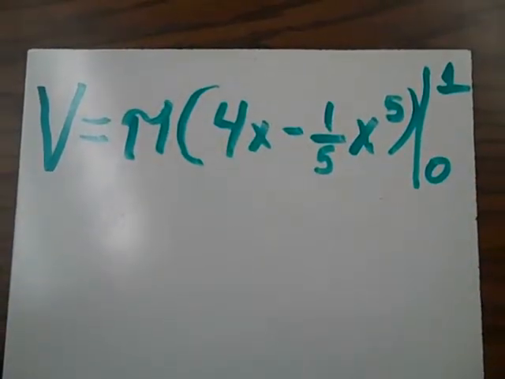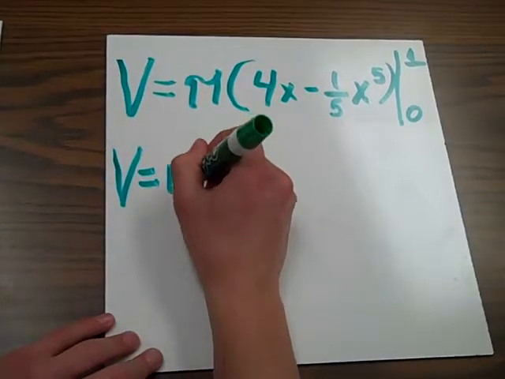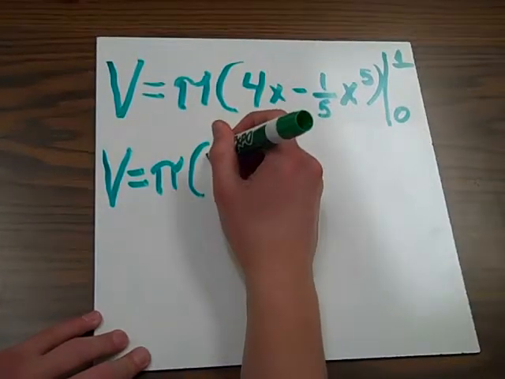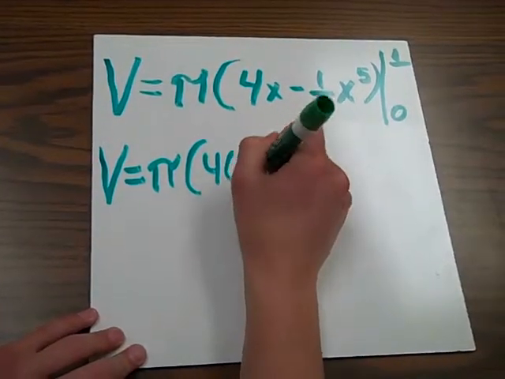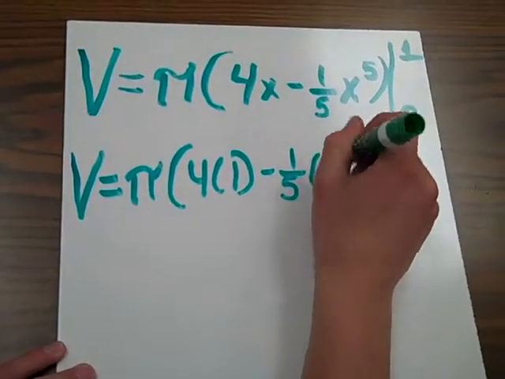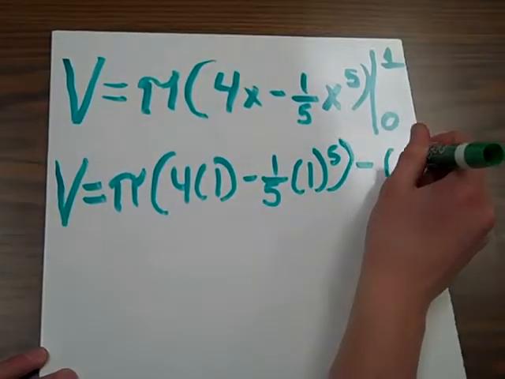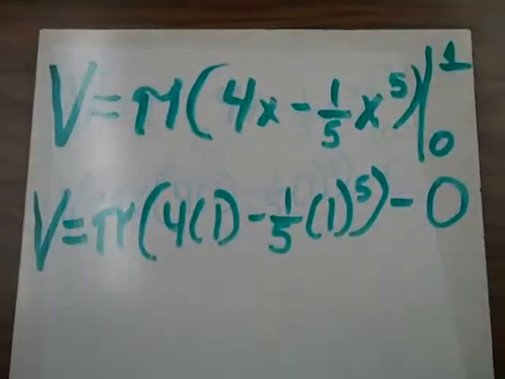So now that we have that, we can simplify that down and evaluate at our two values. We'll start with pi times 4 times 1 minus 1/5 times 1 to the 5th, minus our other value, which turns out to be 0.